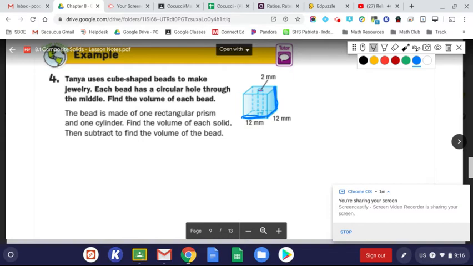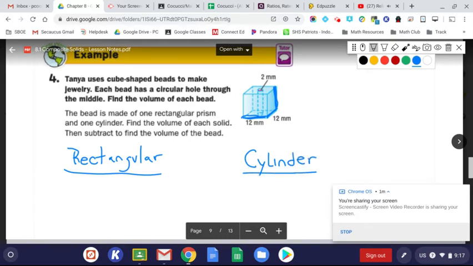Okay, so for our purposes, we're going to separate this into two pieces. We're going to have a rectangular prism, and we're going to have the cylinder, which goes in the middle. For our rectangular prism, the formula is pretty simple.